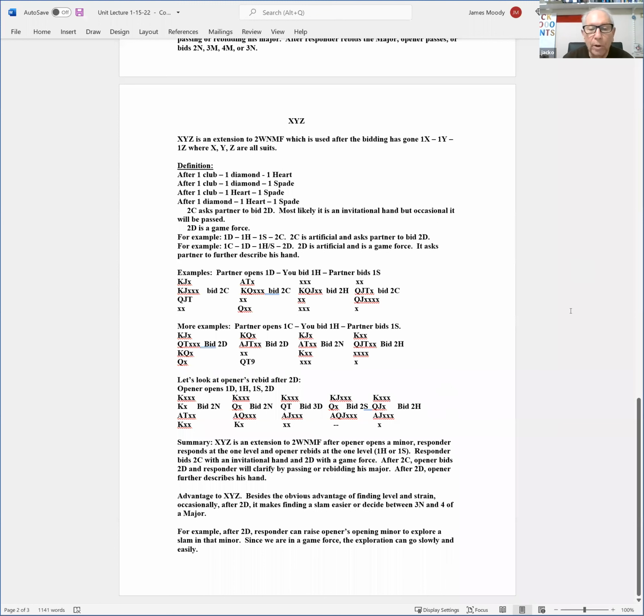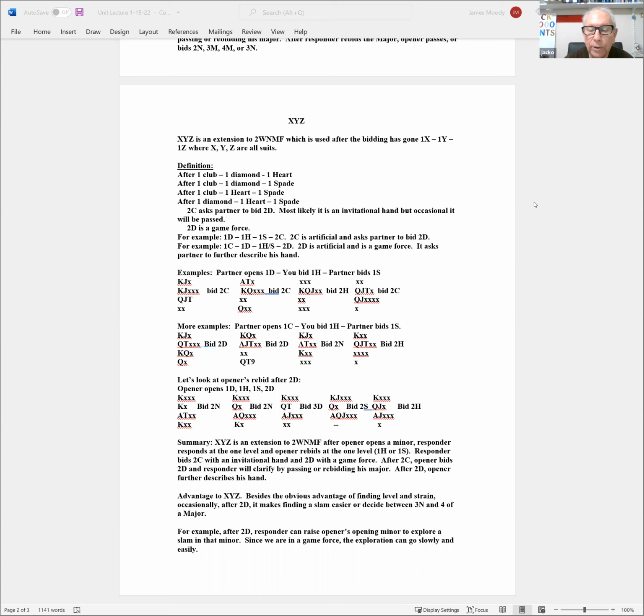All right, so if you've noticed, new minor forcing, two-way new minor forcing, and now XYZ. XYZ is an extension to two-way new minor forcing. After opener opens a minor, responder responds at the one level, and opener rebids at the one level, one heart or one spade.